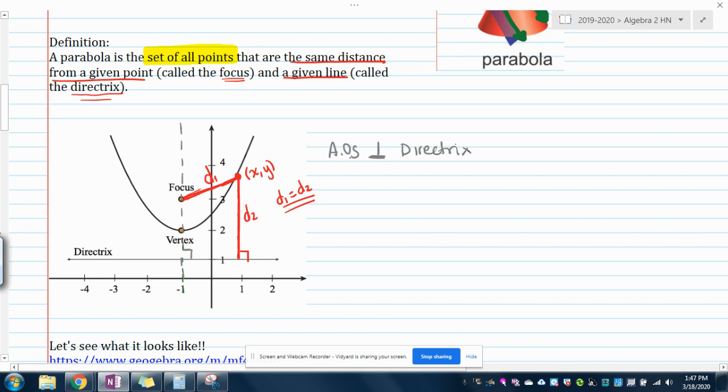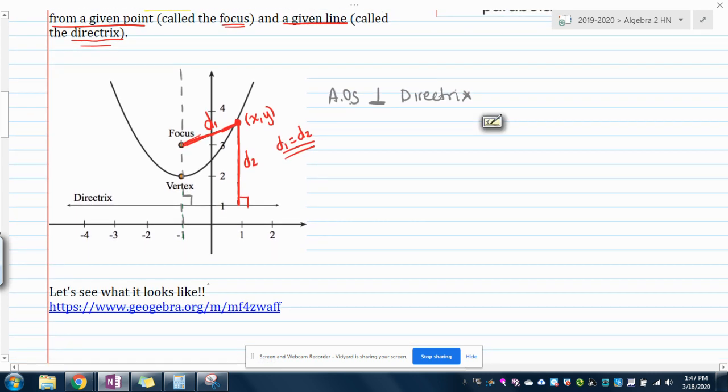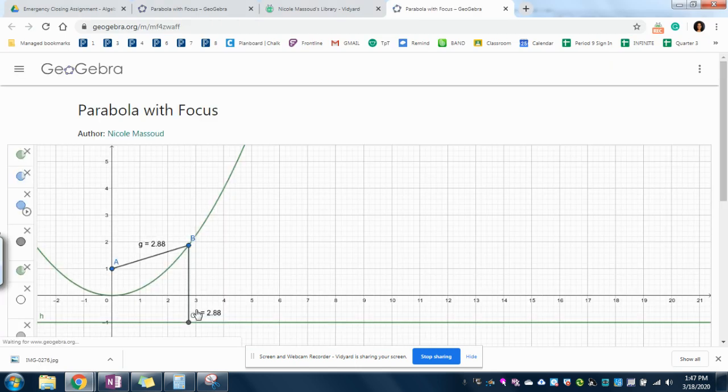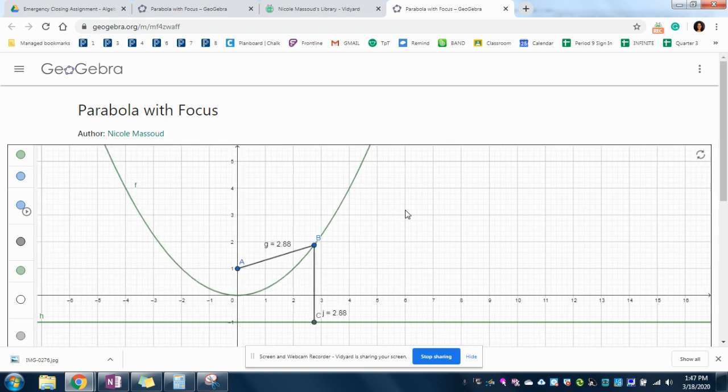Now, let's see what this looks like in that live action thingamabob that we did. So this is a parabola. And here's that random point. Here's the distance to the focus. Here's the distance to the directrix. Okay.